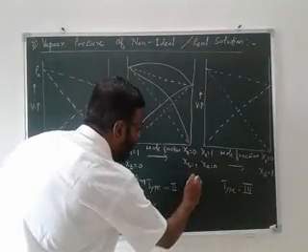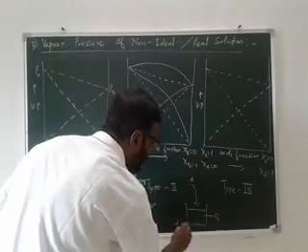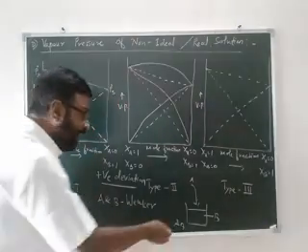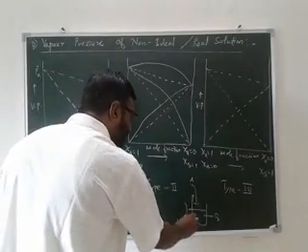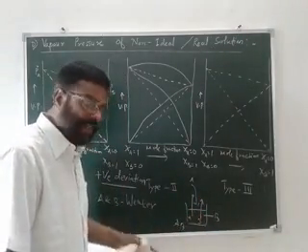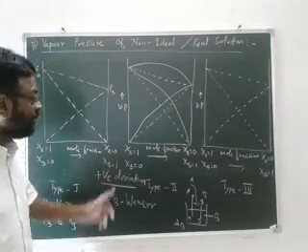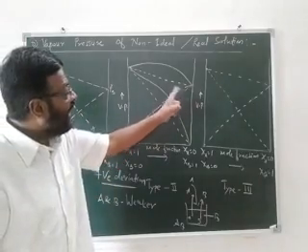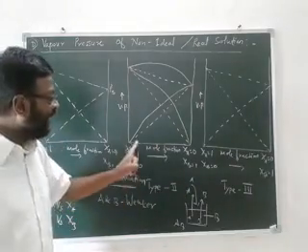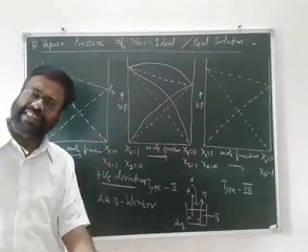If we add A component in B, there is a formation of AB binary solution, and the force of attraction between A and B is weaker, and because of that, the components A and B present in the binary solution have a greater escaping tendency, and because of that, they will exert a higher pressure than the expected value, that is the ideal value, and that's why the curve lies above the ideal line, and this solution shows the positive deviation.